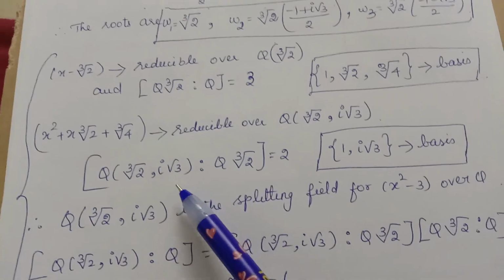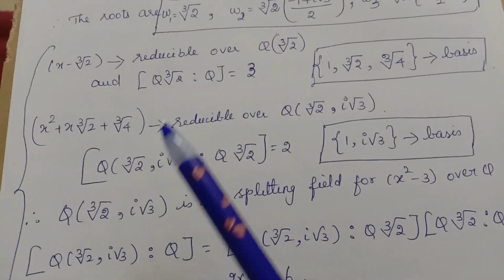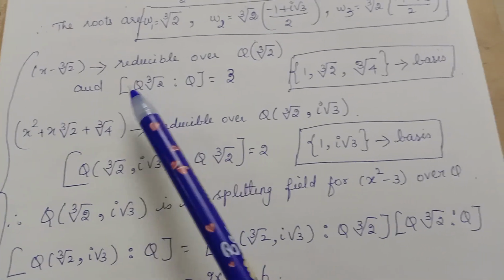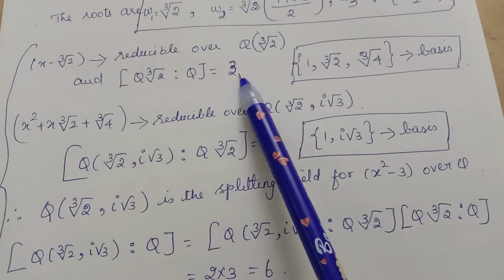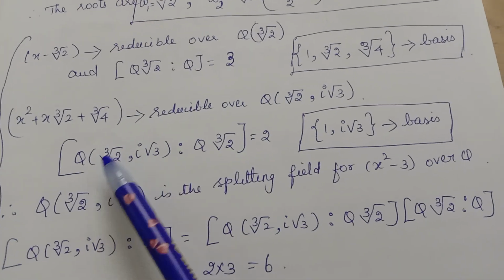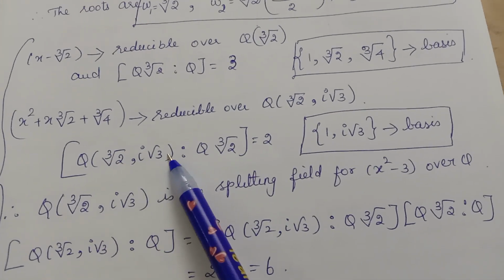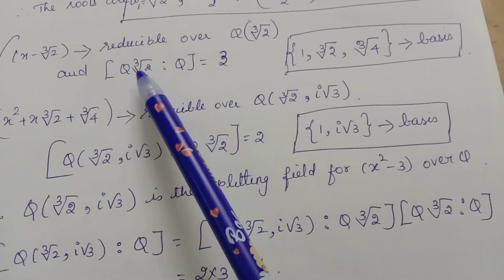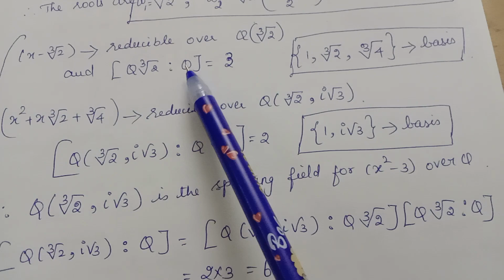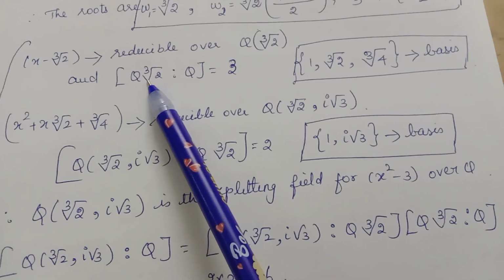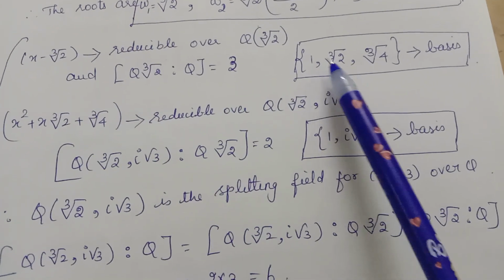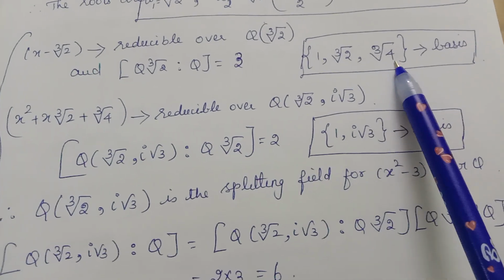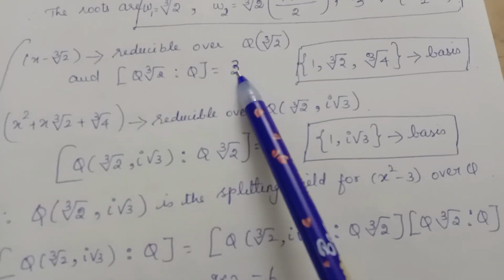So how to find the degree of the splitting field? The degree of Q of cubic root of 2 over Q is 3, and then the degree of Q of cubic root of 2 with i root 3 over Q of cubic root of 2. This field is obtained from the previous field by adjoining cubic root of 2. What is the basis? 1, cubic root of 2 and cubic root of 4, so this is of degree 3.